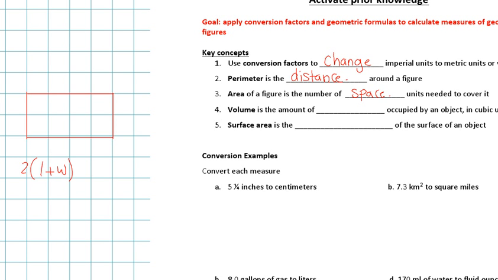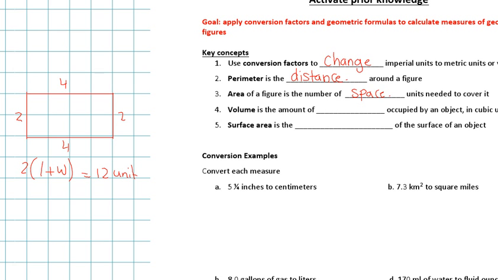So what's your width? 4. And that means this is 4. This is 2. This is 2, right? So if you want to go around, you have 6 and 6, which is 12, right? And that would be in meters or whatever unit it is, right?